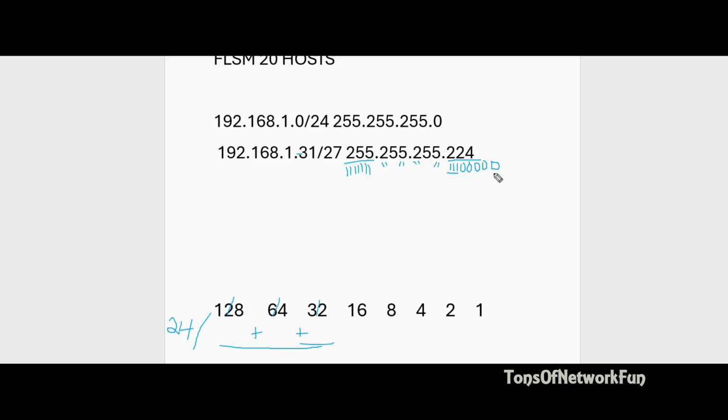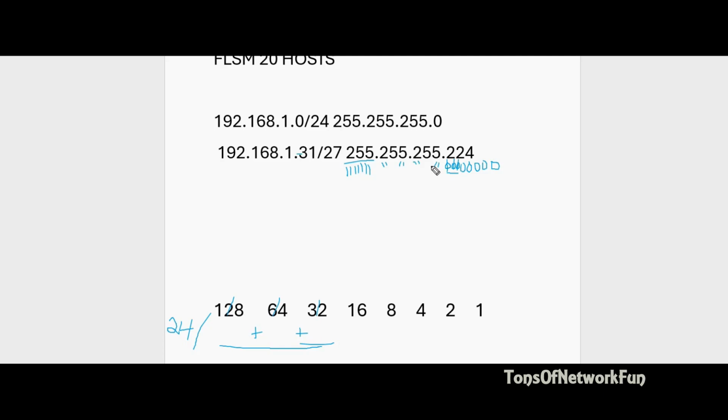Before we converted, it was 0. And now we borrowed 3 more bits: 1, 2, 3.